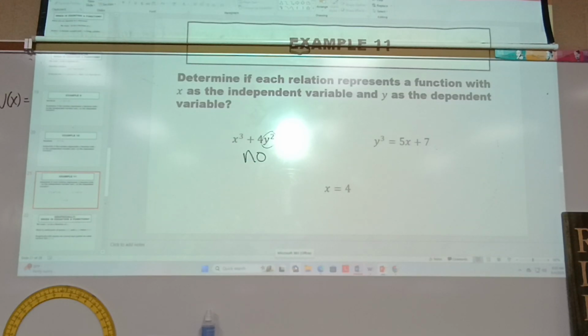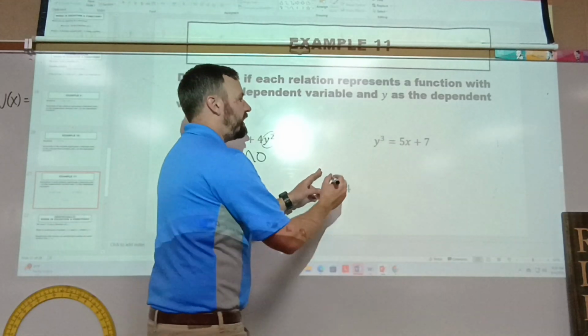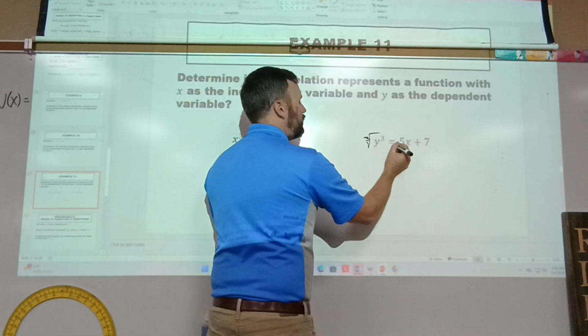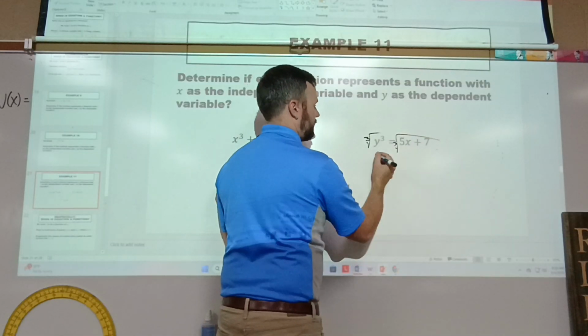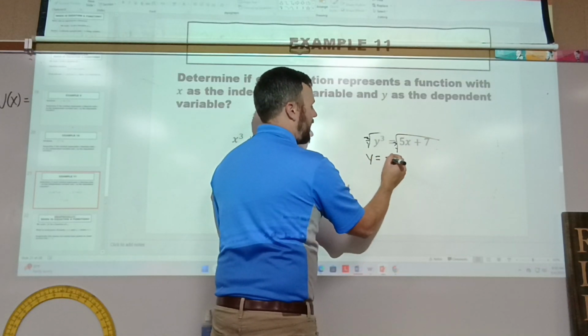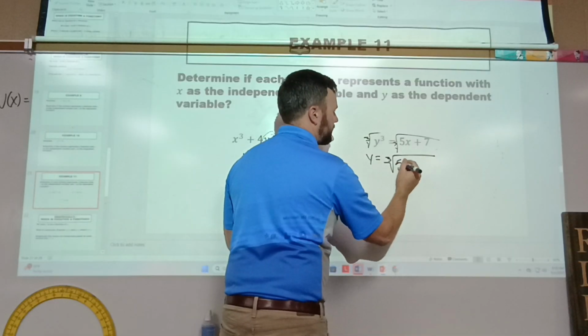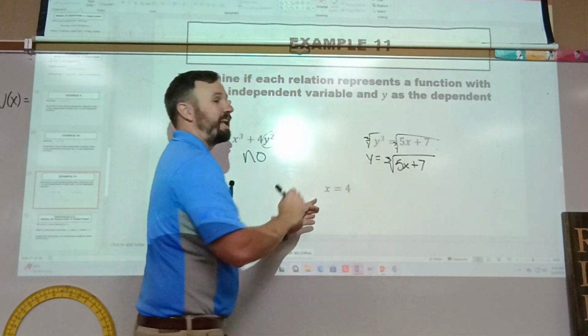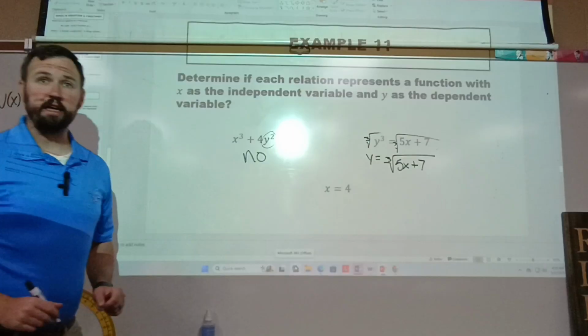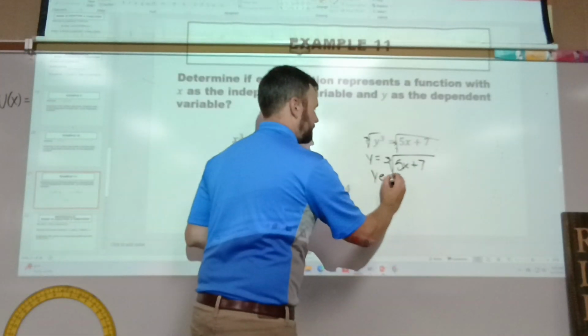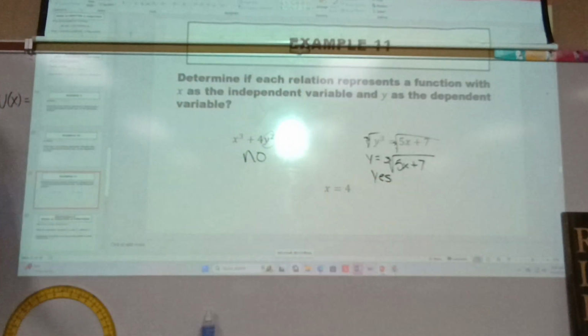And when I square root, I get the plus and negative. Again, when you cube root something, I do not do plus or minus. If it's an odd power, it's a yes. Okay? Even power is not a function. Odd powers are a function for y. X can do whatever it wants.